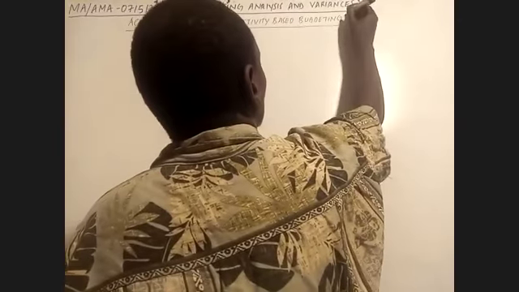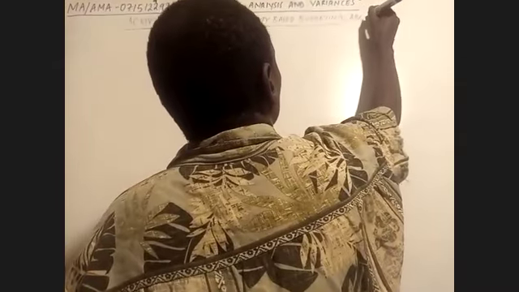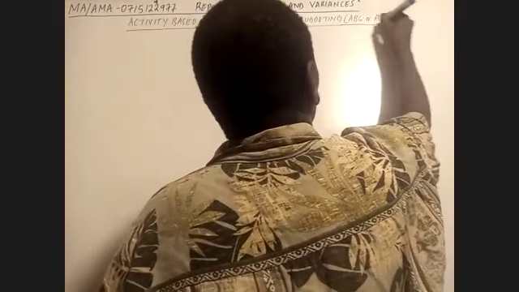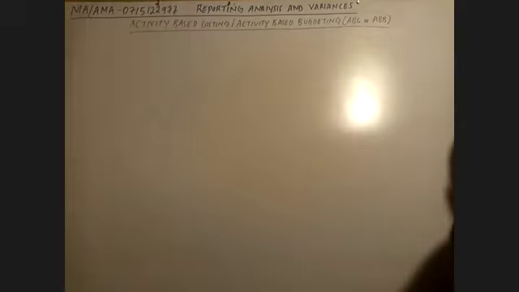So intermediate ABC, or in advanced ABB. They are the same thing, just the same concept. Activity-based costing, what's ABC, and activity-based budgeting. That one is okay.